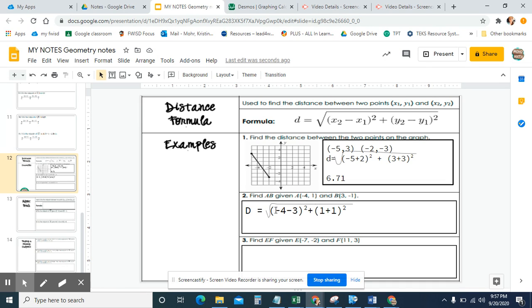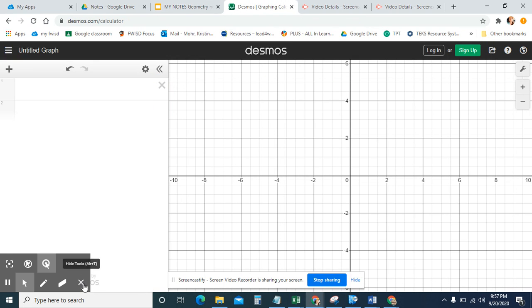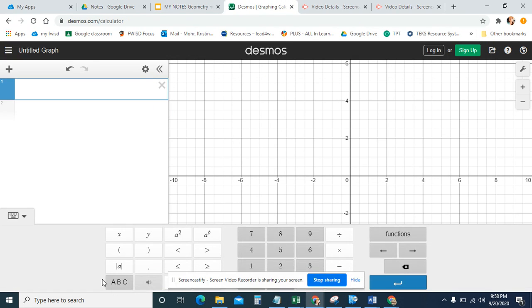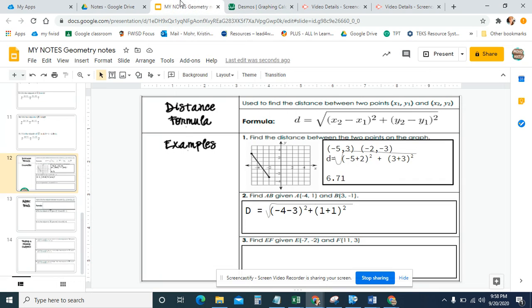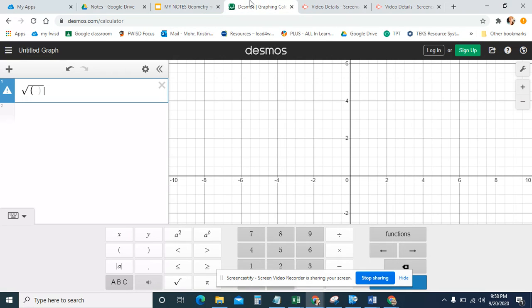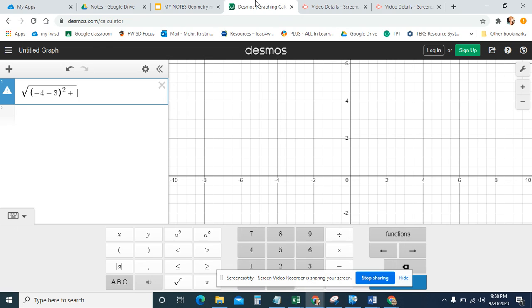So square root of -4 minus 3 squared, and then we're adding 1 plus 1 squared.